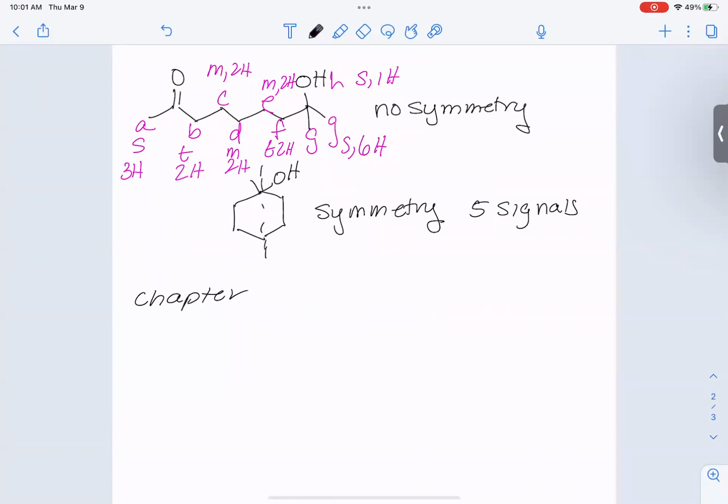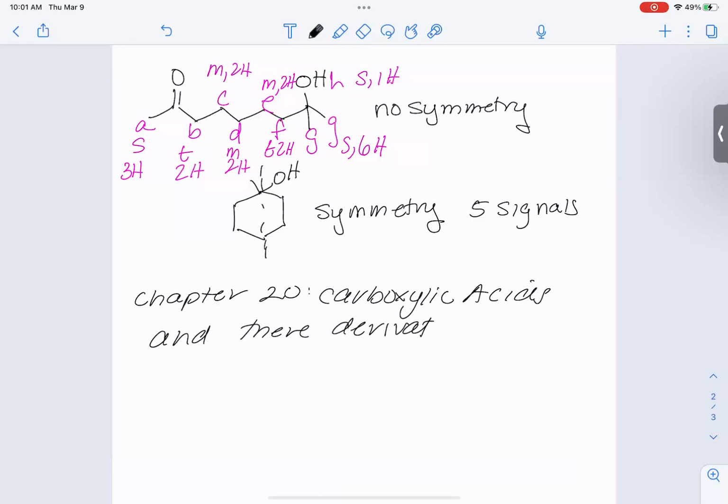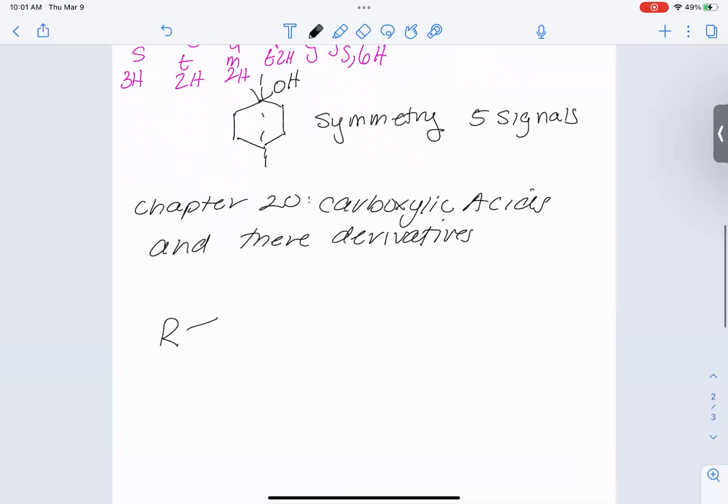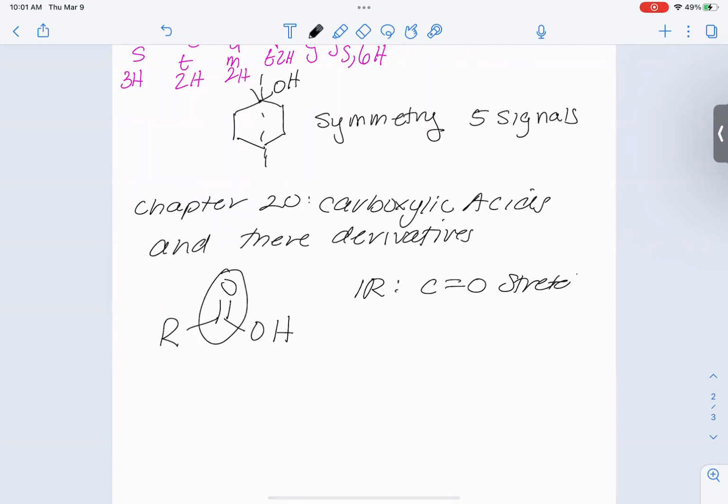All right. So chapter 20. We are looking at carboxylic acids and their derivatives. Okay. The structure of a carboxylic acid, we should know. We've looked at this functional group before. From the IR perspective, you have a carbonyl stretch that's going to be between 1700 and 1725 wave numbers.